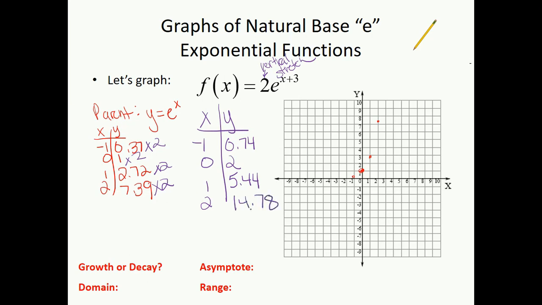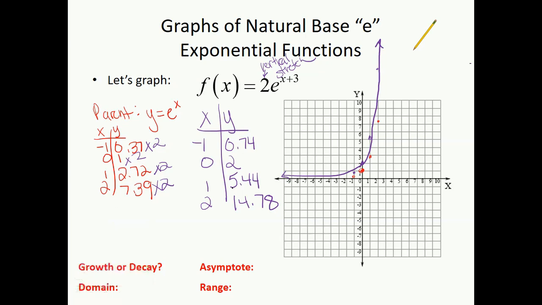So I won't be able to graph that dot any longer. However, it's still on my page. So -1, 0.74, it's going to go right there. 0, 2, 1, 5.44, and then 2, 14, like right up there. Notice, guys, though, this one still has a horizontal asymptote of y equals 0. It hasn't shifted up or down yet.